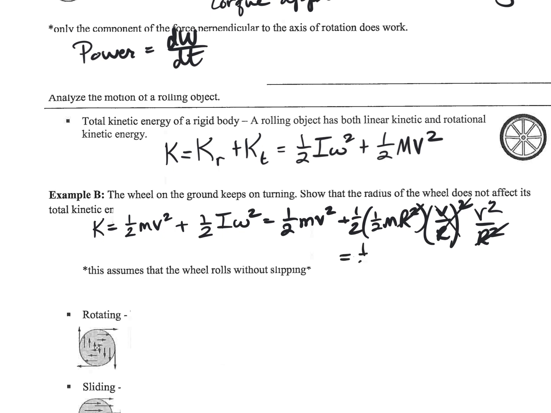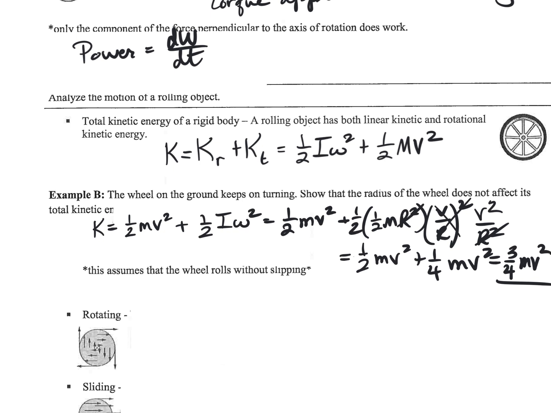So we have 1/2 mv squared plus 1/4 mv squared, which ends up being what? Three-quarters mv squared. It actually increases the kinetic energy, doesn't it? In that regard.